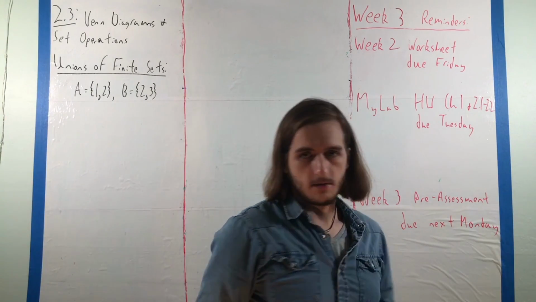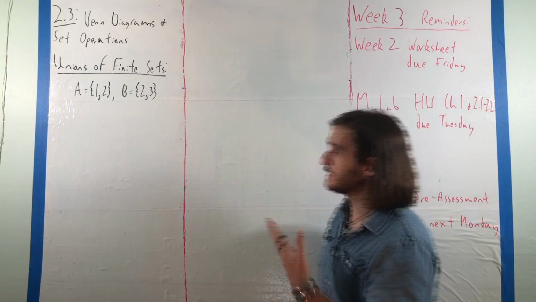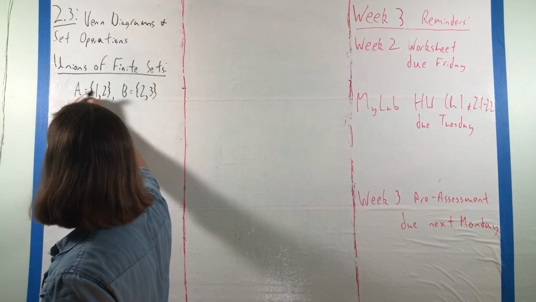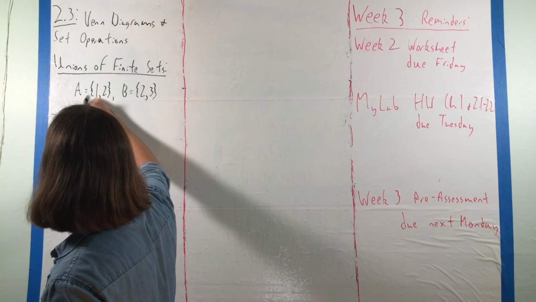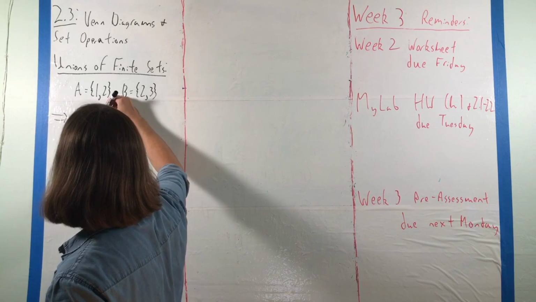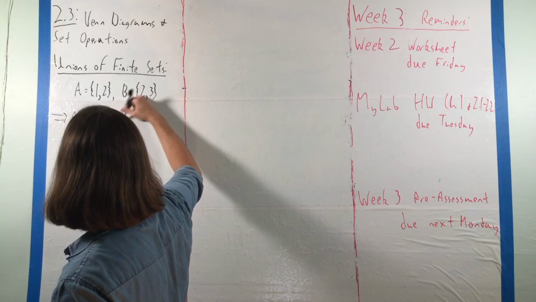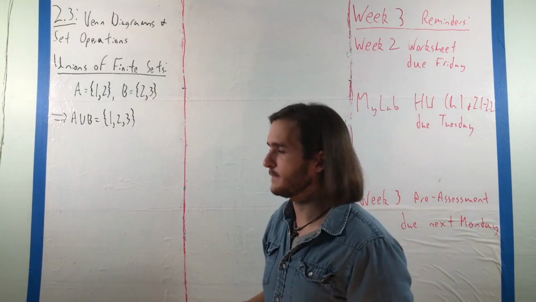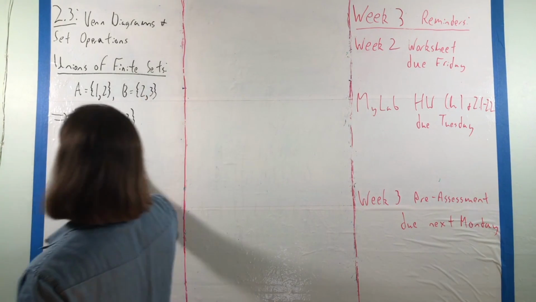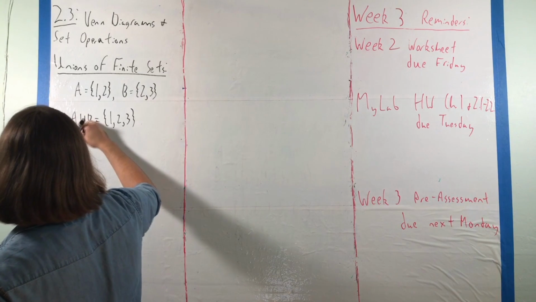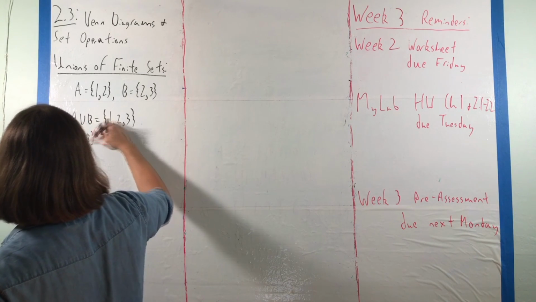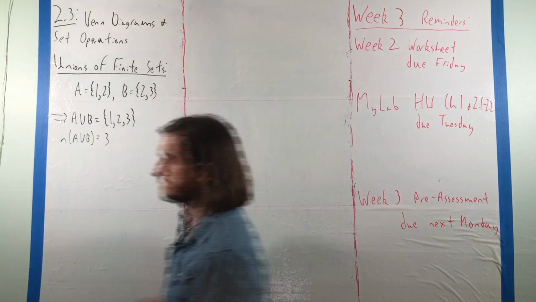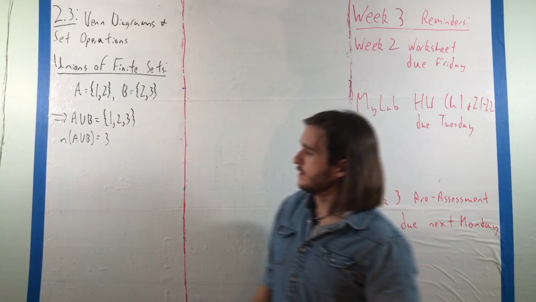Looking at that, if you took their union, it's pretty easy to see that A union B would just end up being {1, 2, 3}. Everything in A, everything in B. And if we wanted to take the cardinal number of that, we just get 3. Pretty easy, okay?